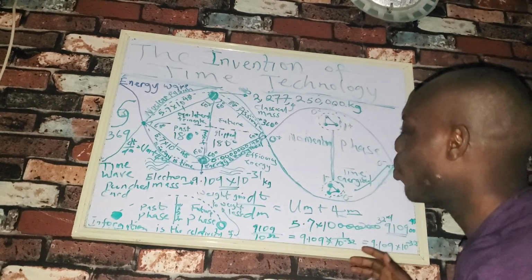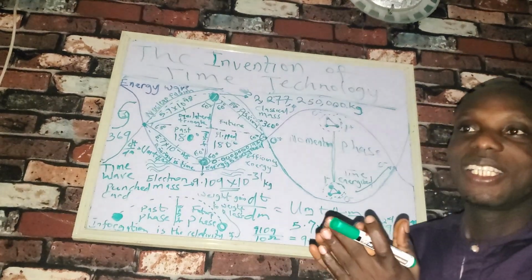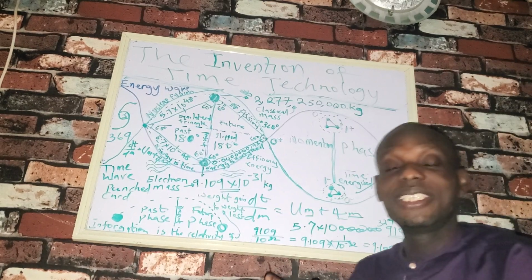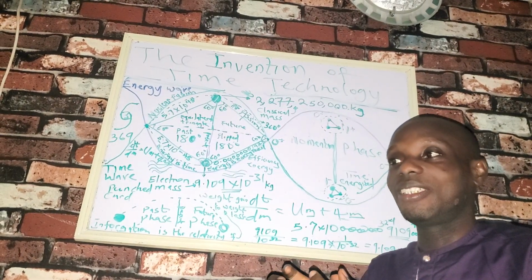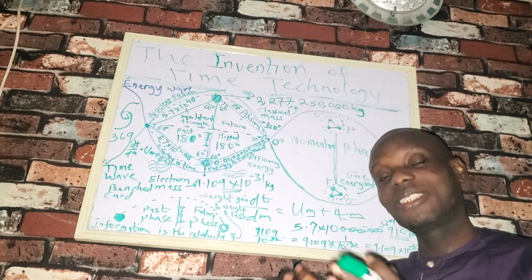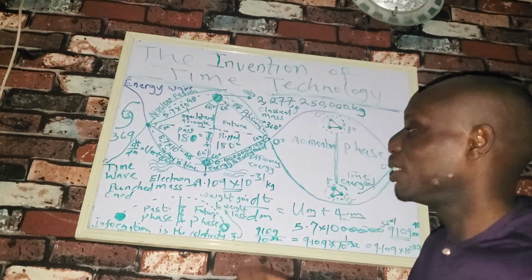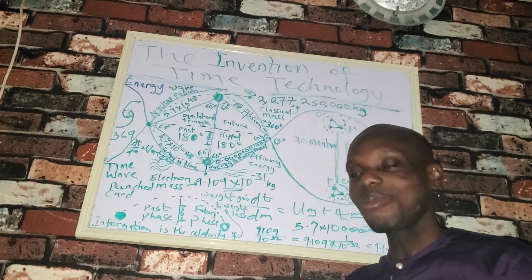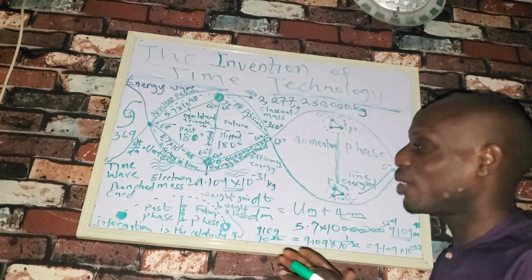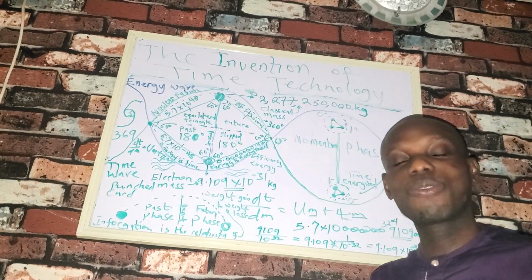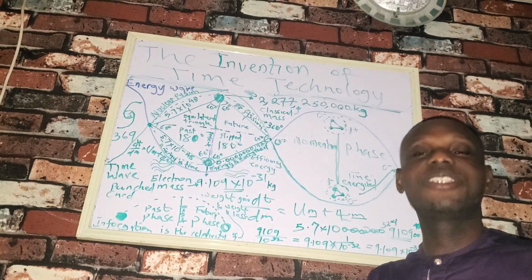So that is how we can visually represent information. And once we have that, we are not restricted to anything. We can use that to do many things.